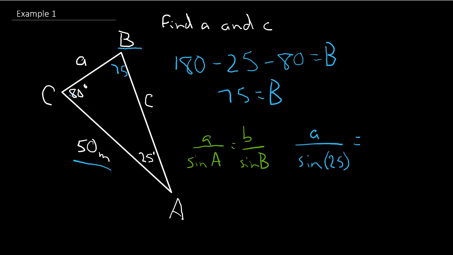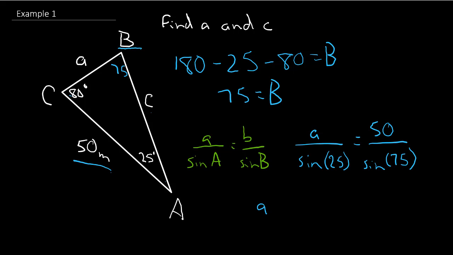Then equals, we're going to get 50 over sine of B, which is 75. So you could go ahead and evaluate this with your calculator now. One thing I'm going to do first is rewrite it.